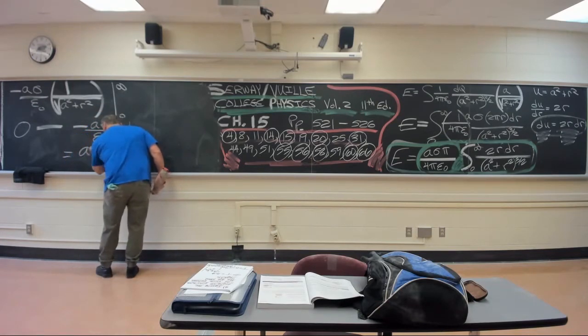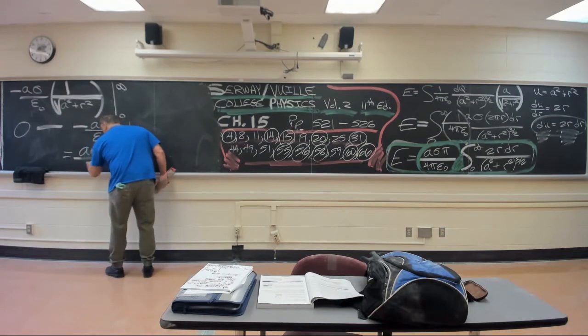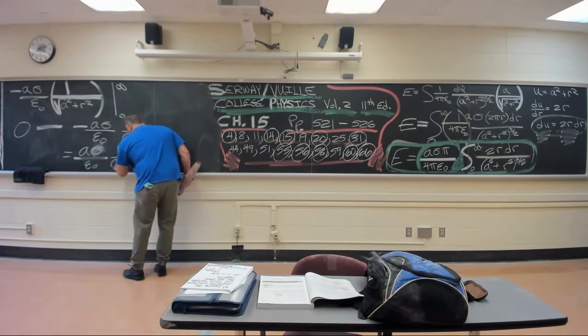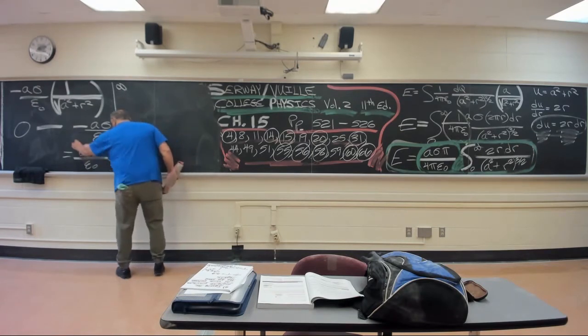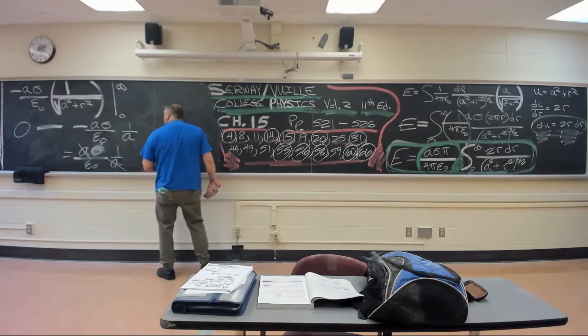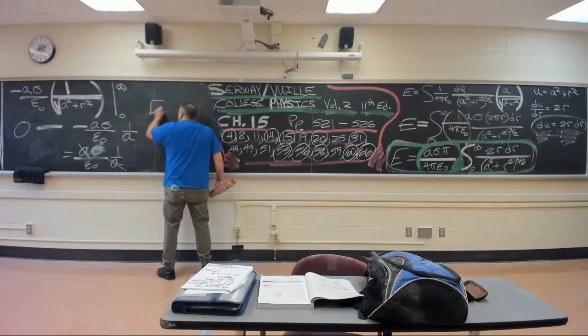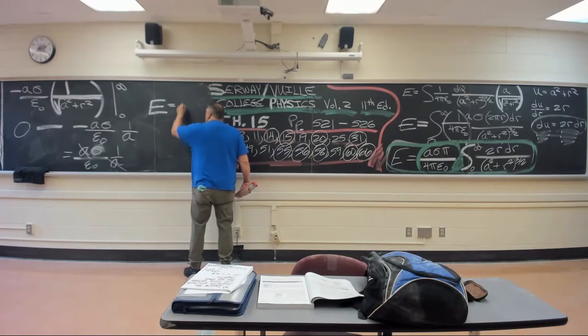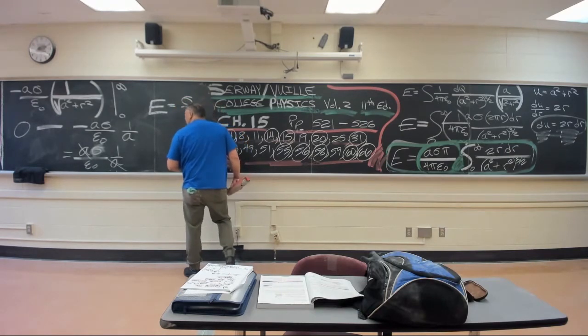A sigma over epsilon naught times 1 over A. You know what's going on here. The A's cancel. The E field is straight up from that point. This is for a non-conducting surface.